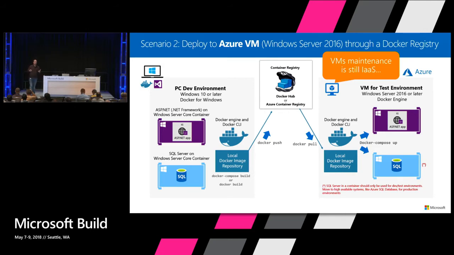It's a lot of work, a lot of infrastructure work. So that's why we have many other products for containers that will make it a lot easier for you than when using VMs, okay? In the case of Windows containers, it has to be a Windows Server 2016 or later with Docker Engine.